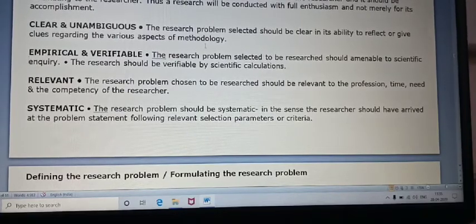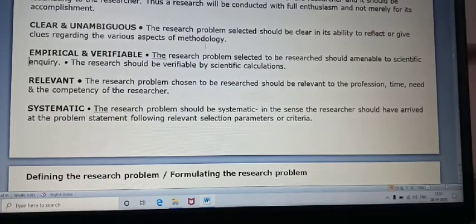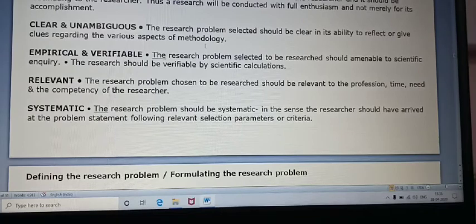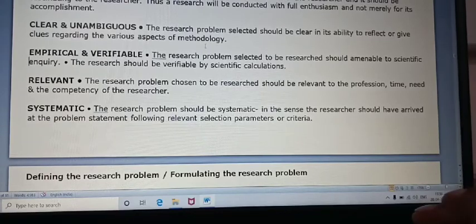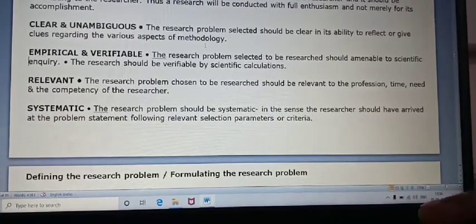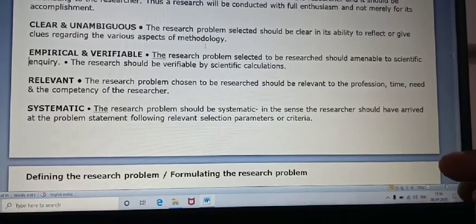Okay, and the research problem should be systematic. You cannot have haphazard research. Any research should be systematic. I have already told you, in your own house, if you keep your things properly in the place where you have to keep them, then you will be able to identify the things easily. If you throw your things around at home, then each day you will be searching for things.